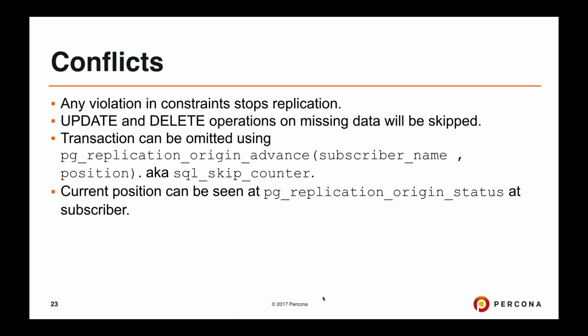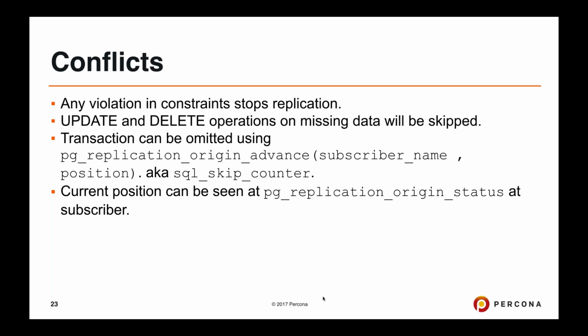Any violation of constraints stops the replication. For example, if you do an insertion of a row in the destination with, say, primary key 10, and then a row with this same ID comes into the destination, replication will fail.